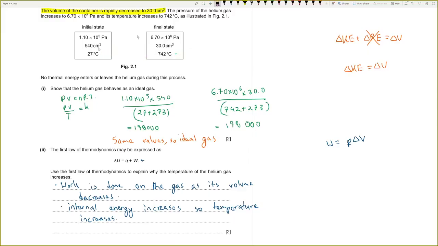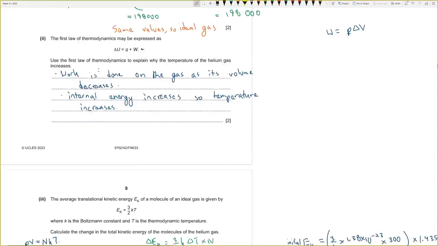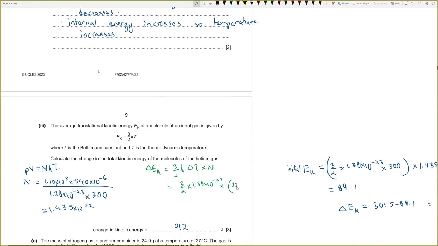So it's basically 742 minus 27, times the value of N, which is 1.435 times 10 to the power 22.